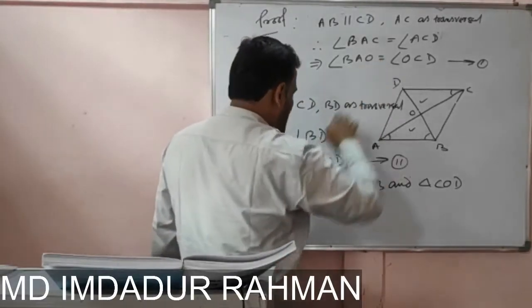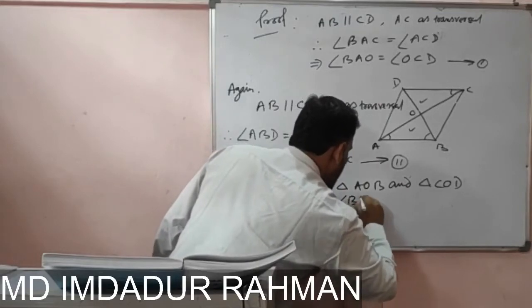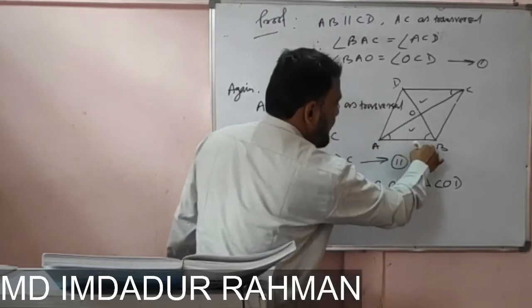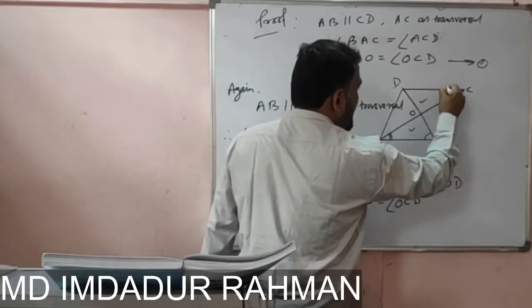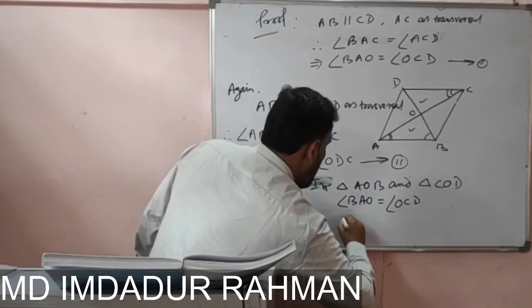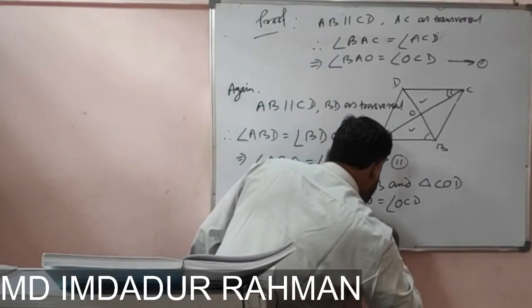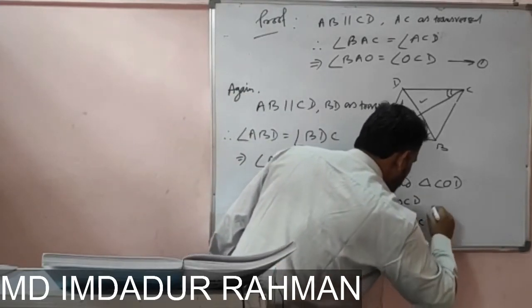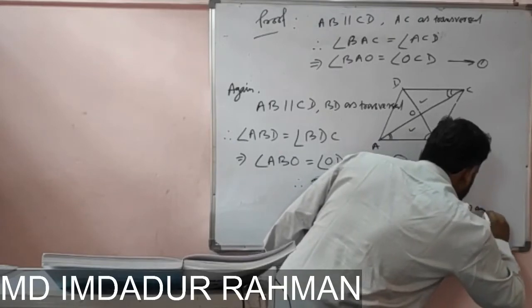In equation 1, angle BAO is equal to angle OCD, and angle ABO is equal to angle ODC. These two we get from 1 and 2.